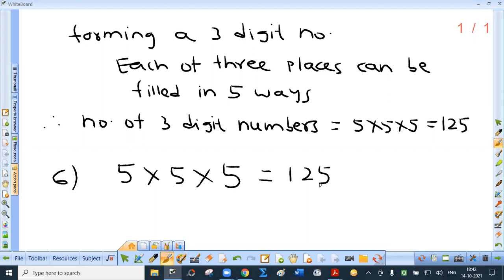Hence, the maximum number of false trials is equal to 125 minus 1, equal to 124.